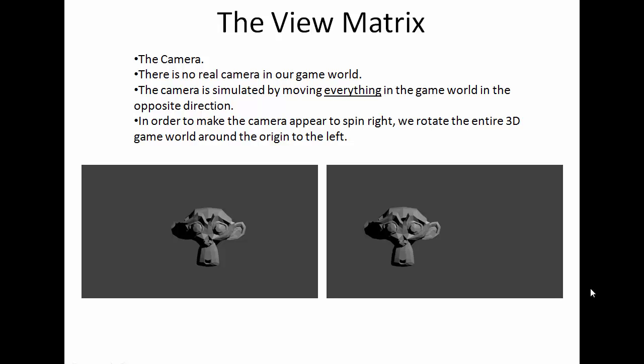There's no real camera in our game world. Basically all we had was the projection matrix, which takes whatever is in front of the camera in that box or in that pyramid and projects it onto a 2D plane. But there's really no way to take that box or pyramid and get it away from the axis.